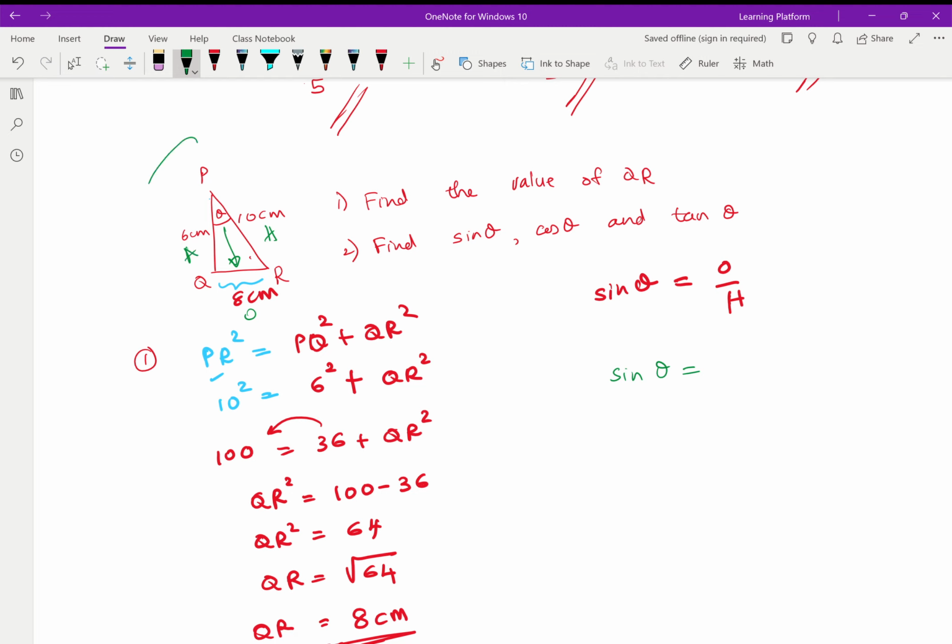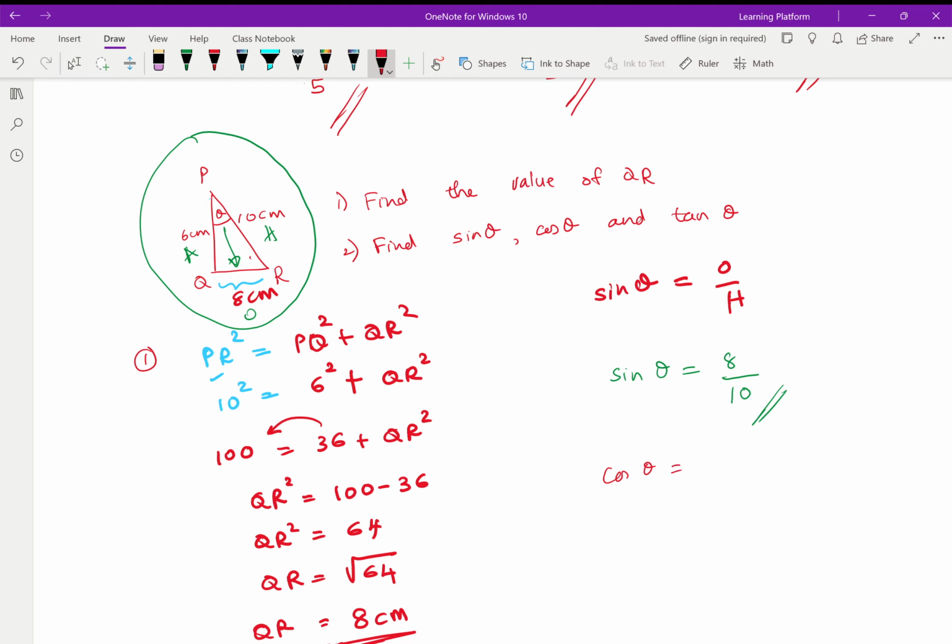If you have any doubts in taking this, just get back to me. I will repeat it again and again if you didn't get it. Sin theta is opposite over hypotenuse. Opposite is 8 centimeters. Hypotenuse is 10 centimeters. Okay. Sin theta is 8 by 10. Now we write cos theta.